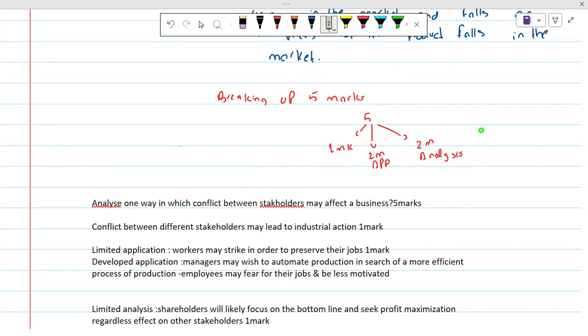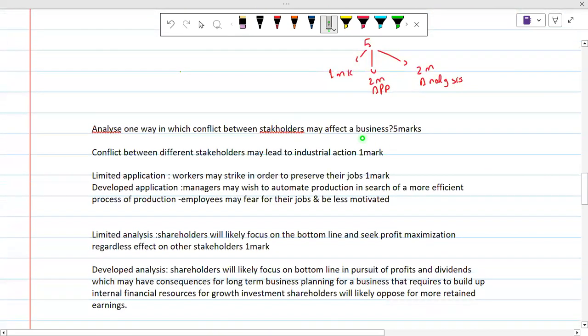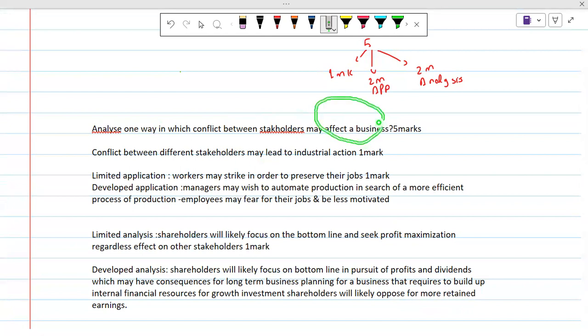Okay. So as you can see, there is a question: analyze one way in which conflict between stakeholders may affect the business. So it means that we have to write the analysis, we have to make the chains of analysis which will finally be linked with our business.